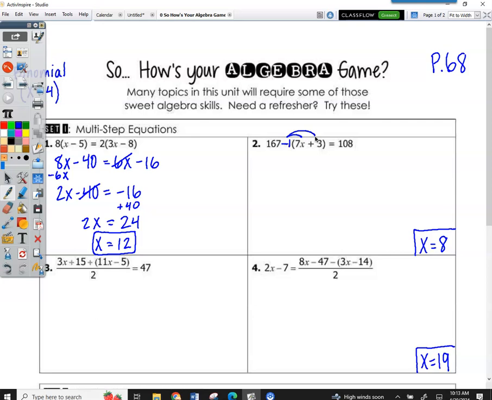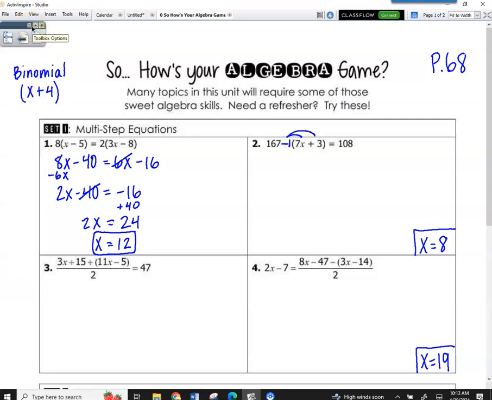Number 3 looks like a hot mess. Just like number 4. While it looks like a hot mess, first of all, the top of that entire fraction is excessive. There's stuff in there that could combine, right? Question, in front of the 11x minus 5, is anything distributing?